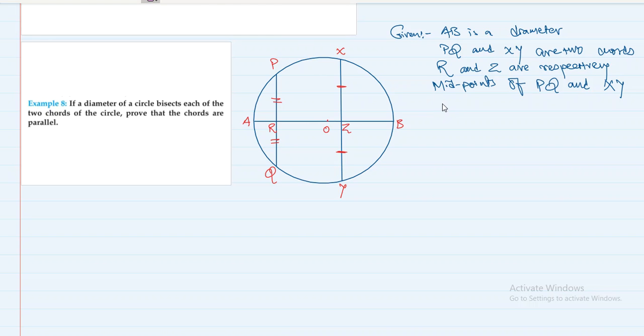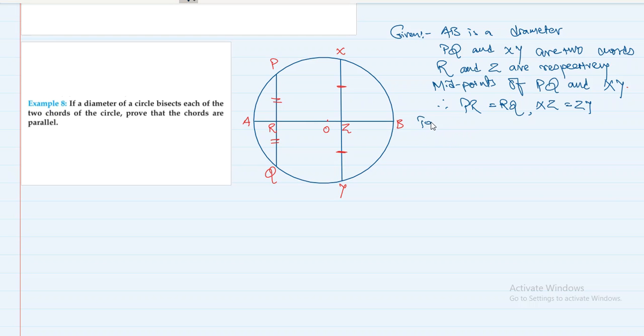Therefore PR is equal to RQ and XZ is equal to ZY.